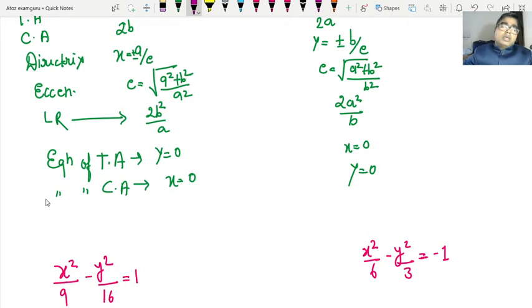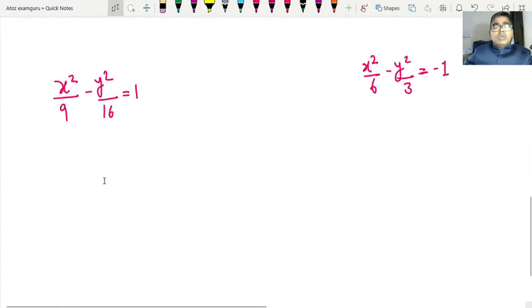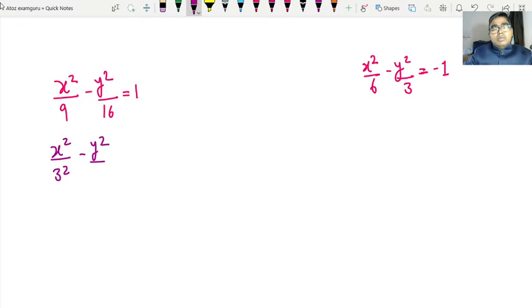Now see the question of the first type and second type. In this case, it is given to us x square upon 9 minus y square upon 16 equal to 1. First of all, convert it into the standard form. So it is x square upon 3 square minus y square by 4 square equal to 1.